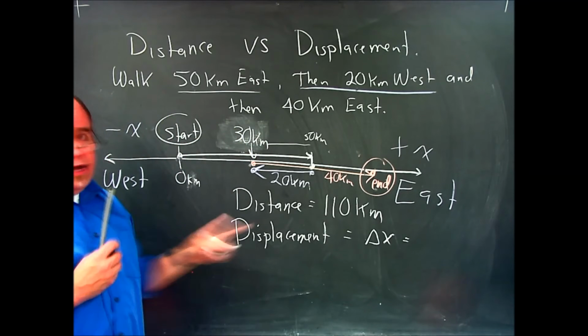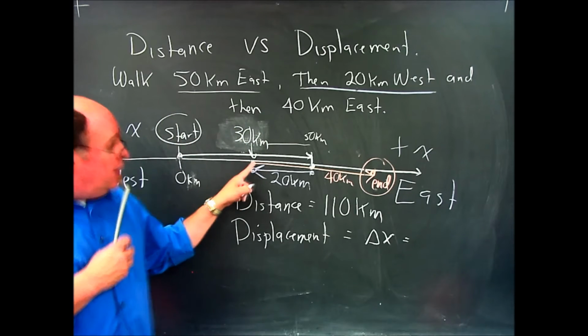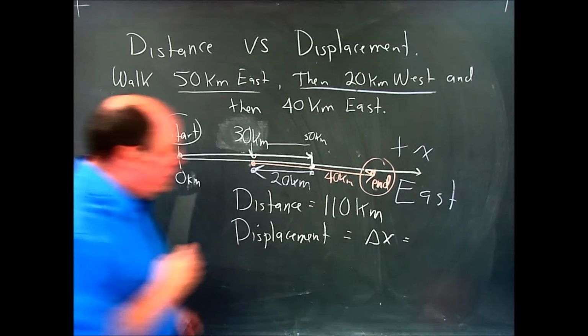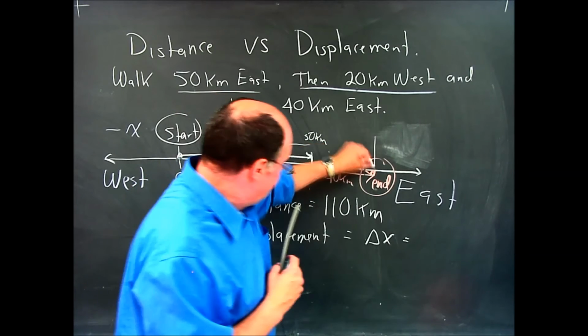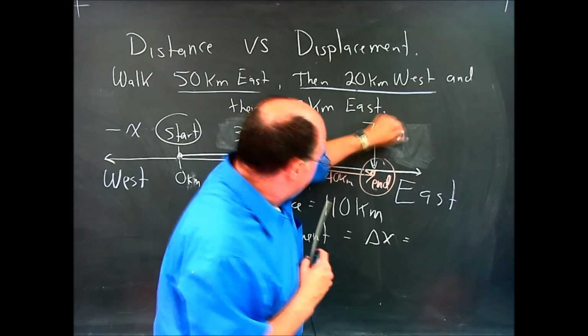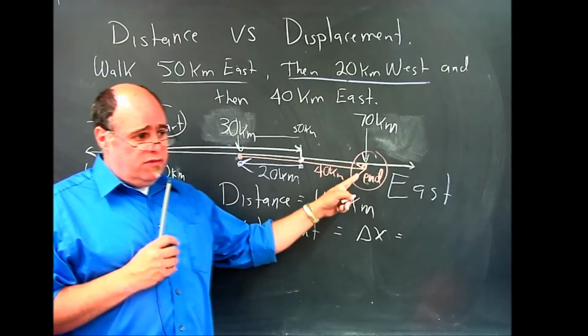And if you take 30 kilometers and add in red the 40 more, 30 plus 40 would give you 70. And that's your final position.